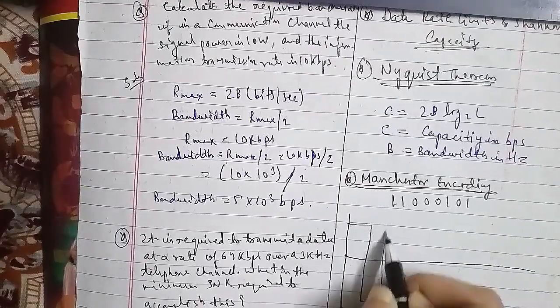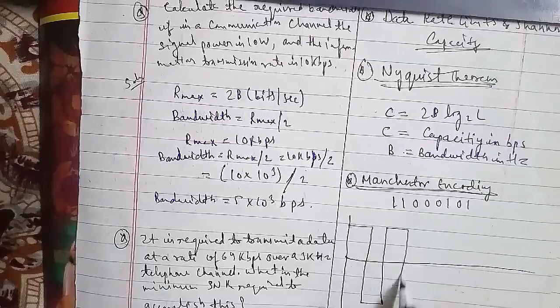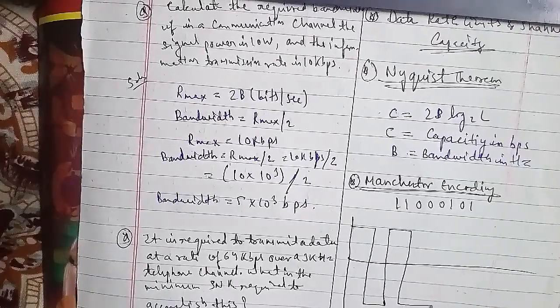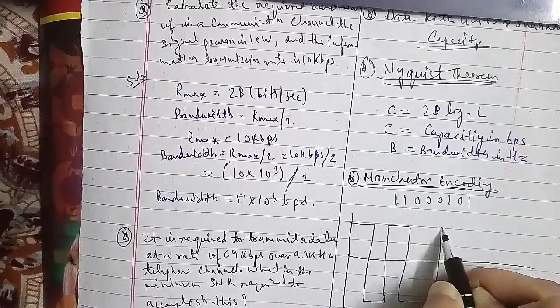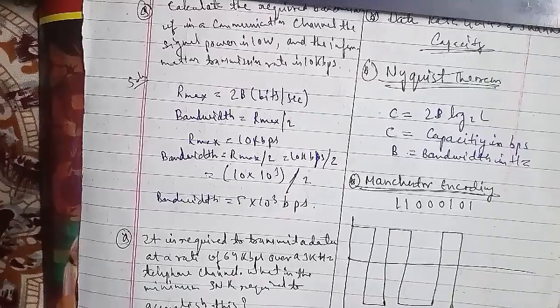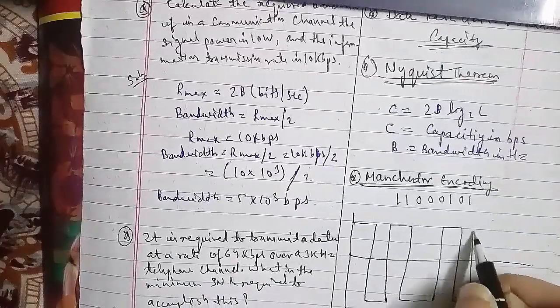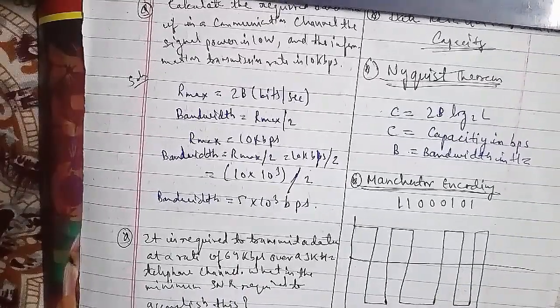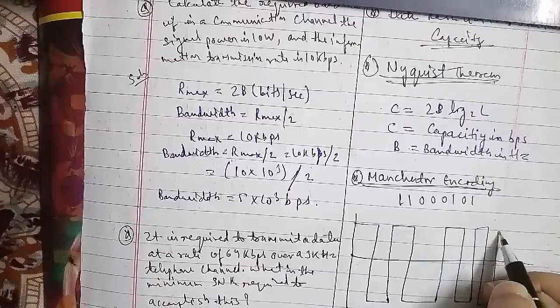If the data is a 1, the first half of the bit time period is sent at the positive level and the second half of the period is at the negative level. For the data bit 0, first a negative signal and then a positive signal.